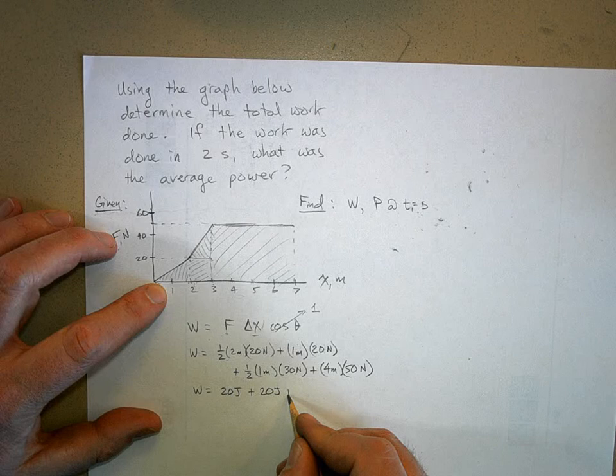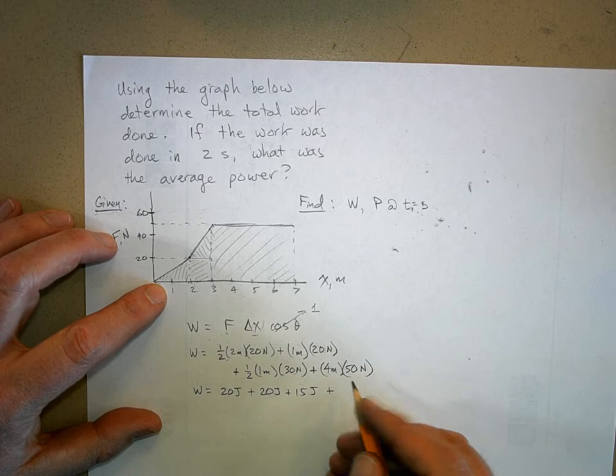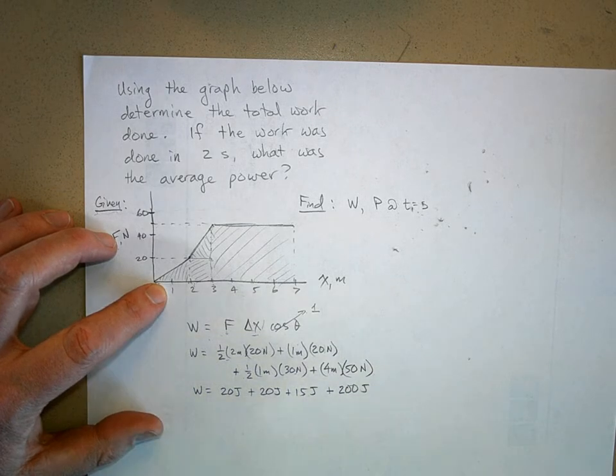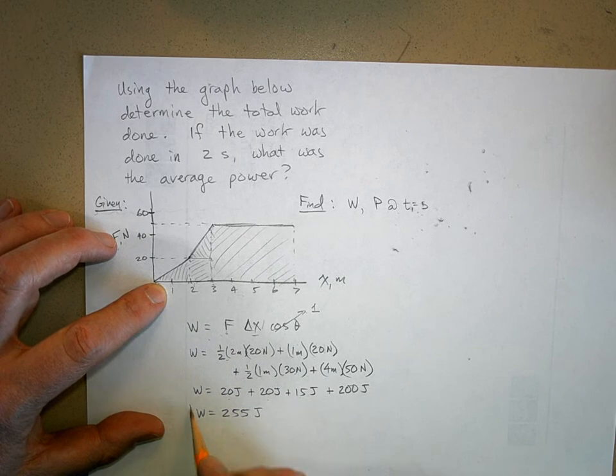And this is plus 15 joules. And this is plus 200 joules. So 20 plus 20 is 40, 50, 55. So the work is 255 joules.